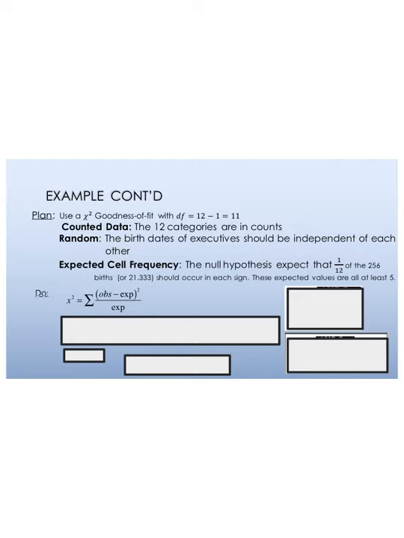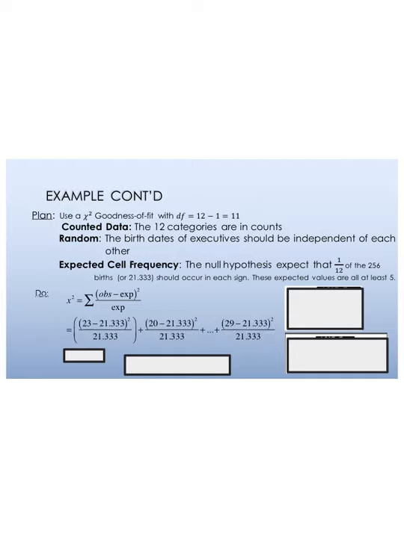For our do step, notice we have our chi-square statistic formula written down. If we look at the first category, we observe 23 people for that first sign. Then we subtract what was expected, the 21.33, square it, and divide by that same 21.33.